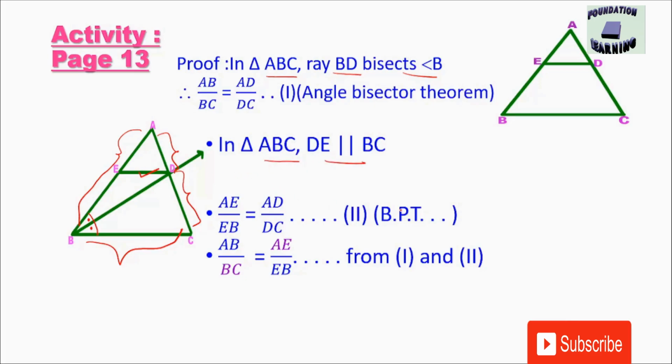So according to the basic proportionality theorem, which sides will be in proportion? AE is to EB is equal to AD is to DC. Now from equations 1 and 2, what we got? From 1 and 2 we have got AB upon BC is equal to AE upon EB. Okay, so this was the activity.